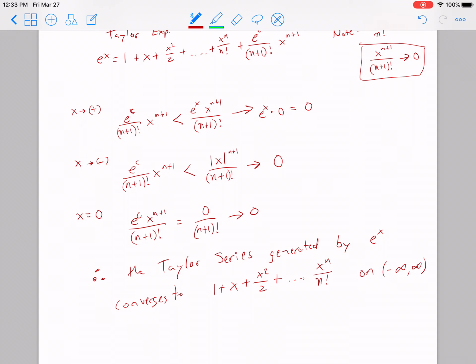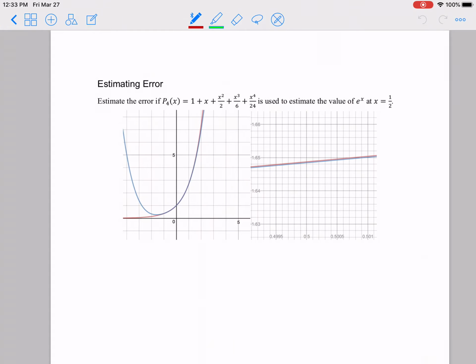And basically what that means is that they're actually equal to each other, not just approximate, it's equal for any x. So that's pretty good. So let's go ahead and take a look at the next part.